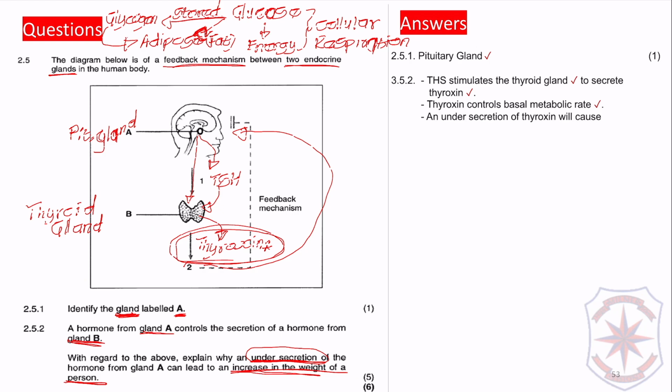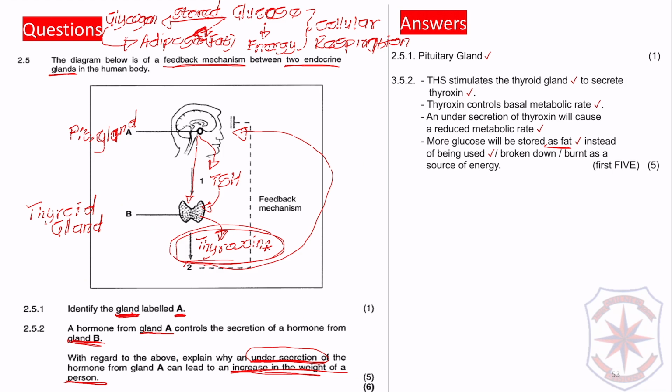An undersecretion of thyroxin will cause a reduced metabolic rate or reduced cellular respiration, or you can say reduced breakdown of glucose. More glucose will be stored as fat instead of being used or broken down or burnt as a source of energy. So any 5 of those responses will suffice.